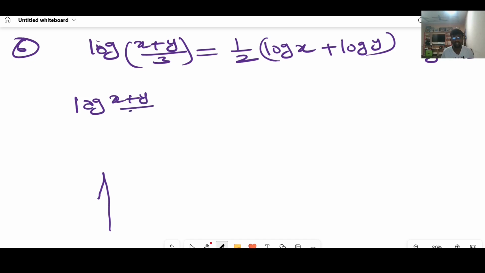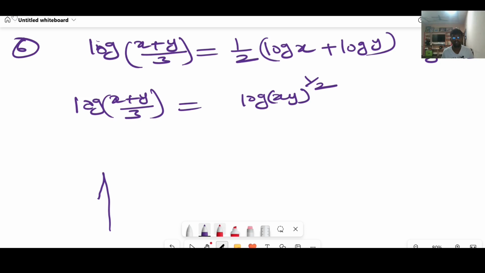Now log (x plus y by 3) is equal to log xy whole power 1 by 2, right? Now I will remove the log here, right? I will be left with (x plus y) by 3 equal to root xy.